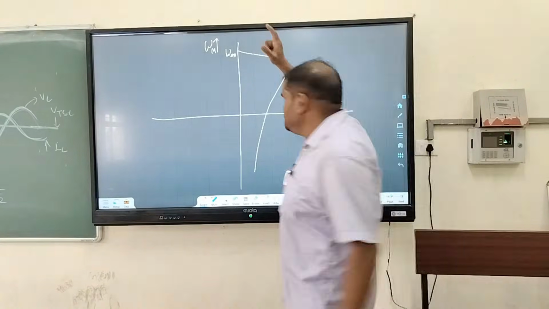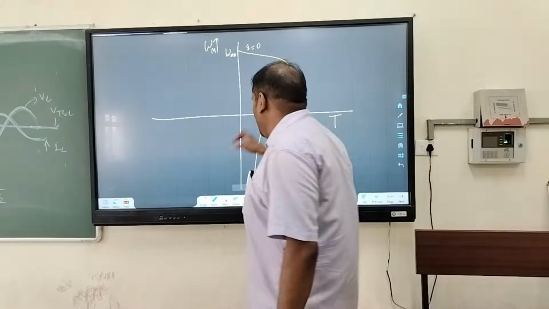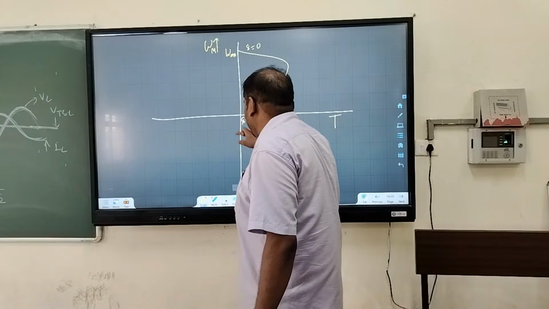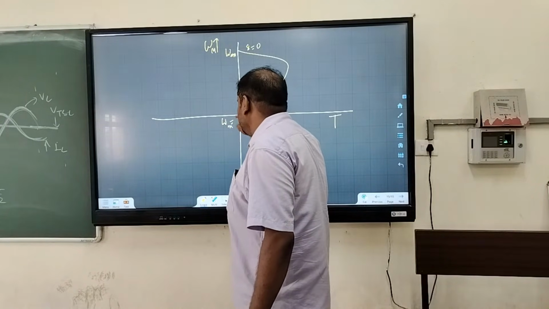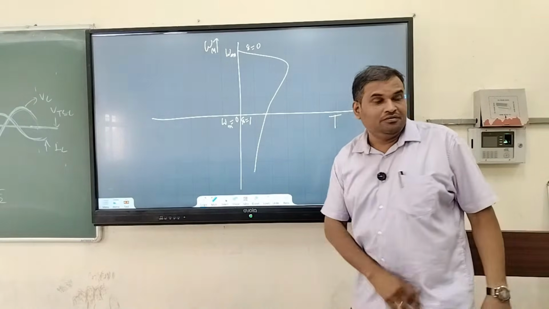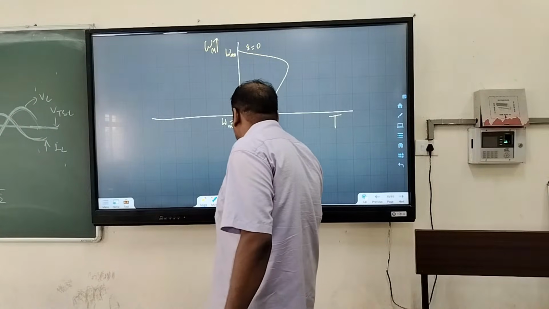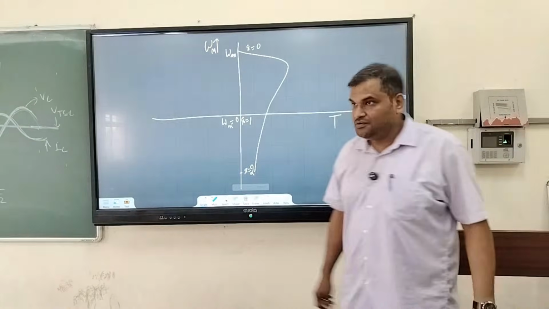S is equal to 0. What is the value of slip here? 1. What is omega m here? 0. Now if I go down, at this point somewhere, the value of S is equal to 2.